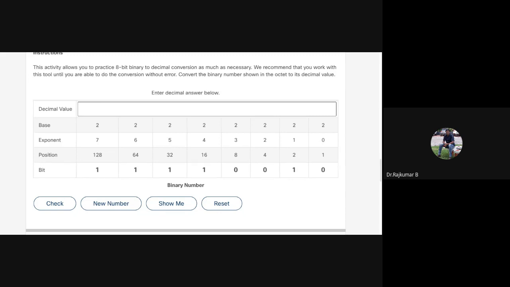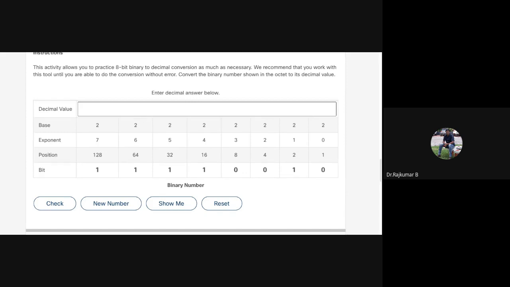142. Suchi, 142. Devarsh, 142. What about others? To calculate this, we need to add 128 plus 64 plus 32 plus 16 plus 2. Good.